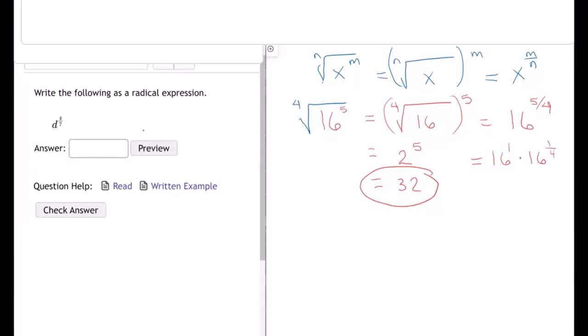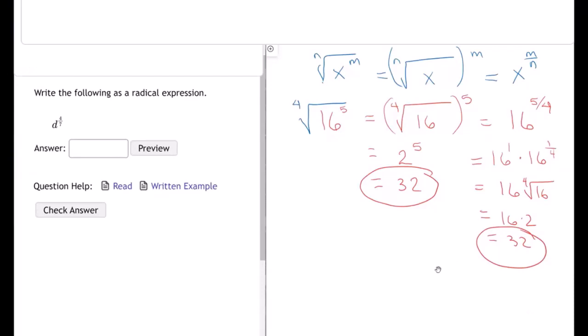And remember, we add exponents. This is equal to 16 times the fourth root of 16, which equals 16 times 2, which equals 32. Notice it's going to be the same.